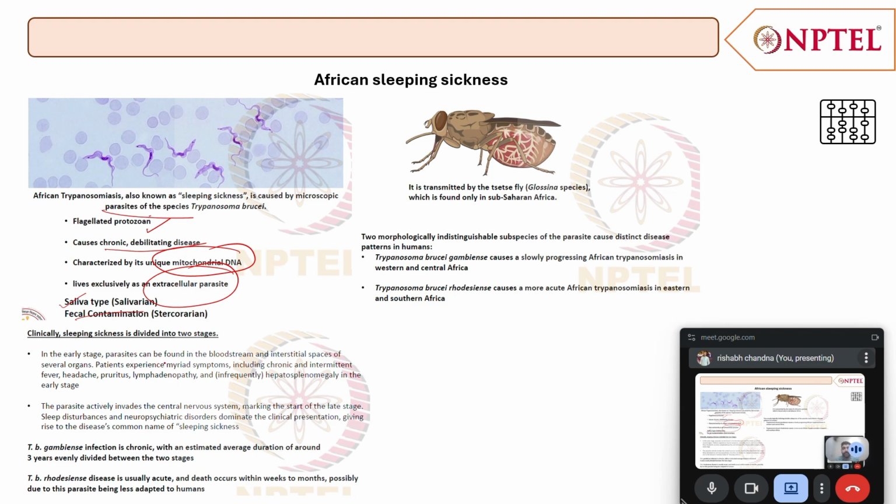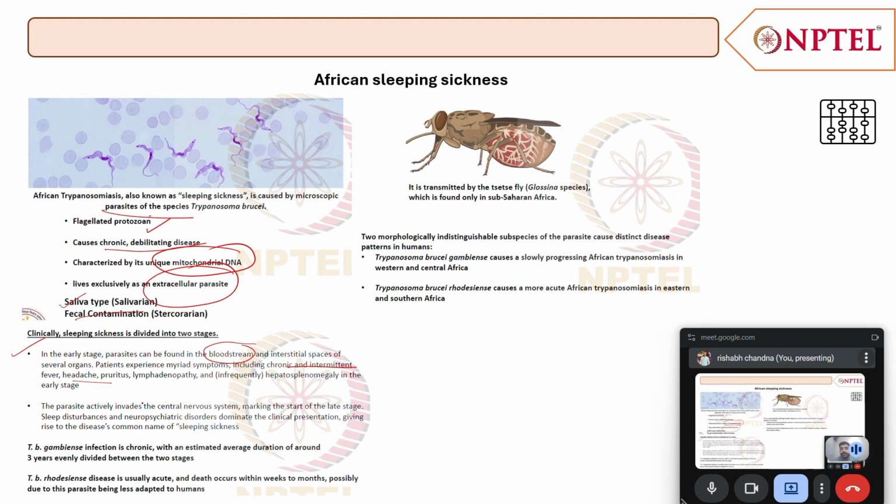Okay, so it is divided into two stages. First is the early stage, where the parasites can be found in the bloodstream and interstitial spaces of several organs. Patients experience myriad symptoms, including chronic and intermittent fever, headache, pruritus, lymphadenopathy, and hepatosplenomegaly in the early stages.